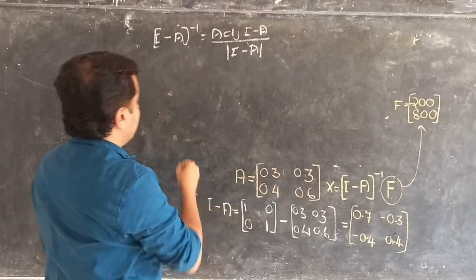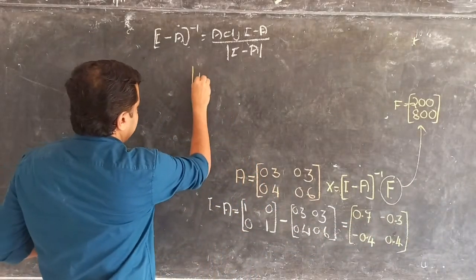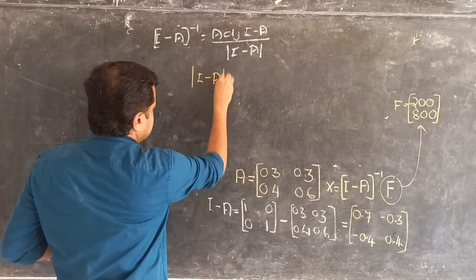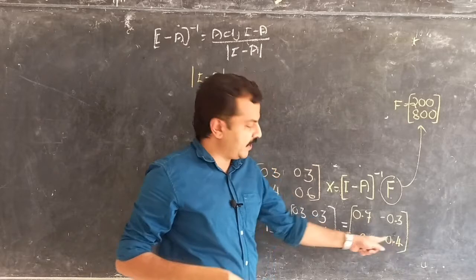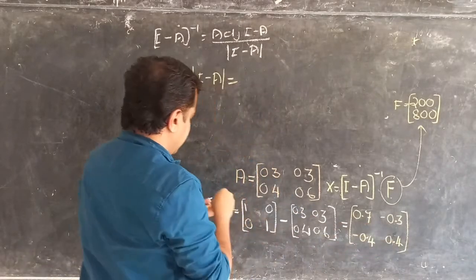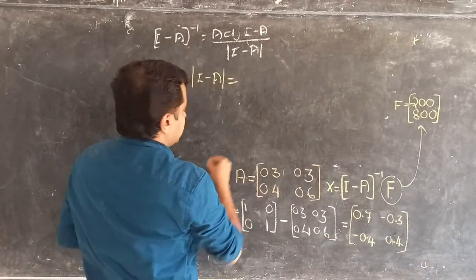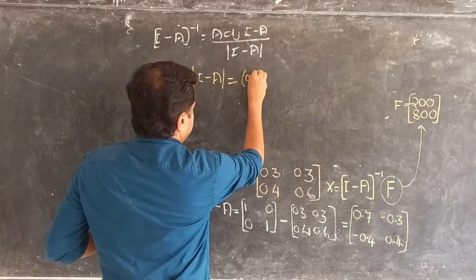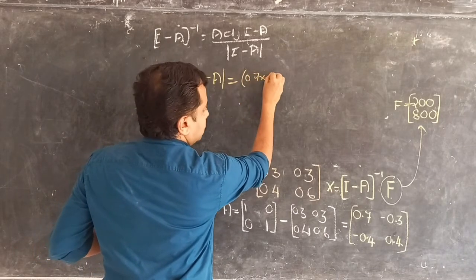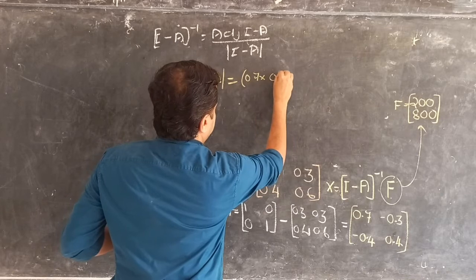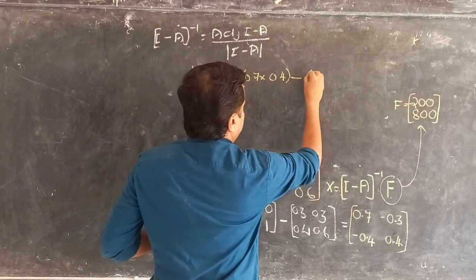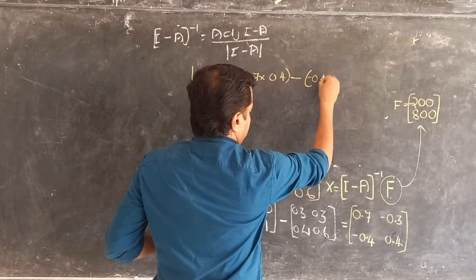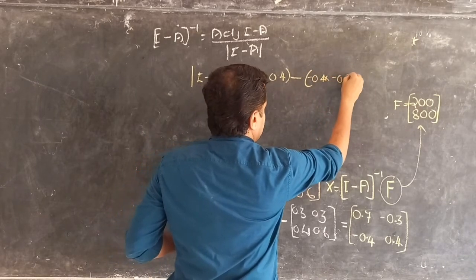So first we need to calculate the determinant. The determinant of I minus A will be equal to the product of the diagonal elements minus the product of the off-diagonal elements. It will be 0.7 into 0.4 minus, within bracket, minus 0.4 into minus 0.3.